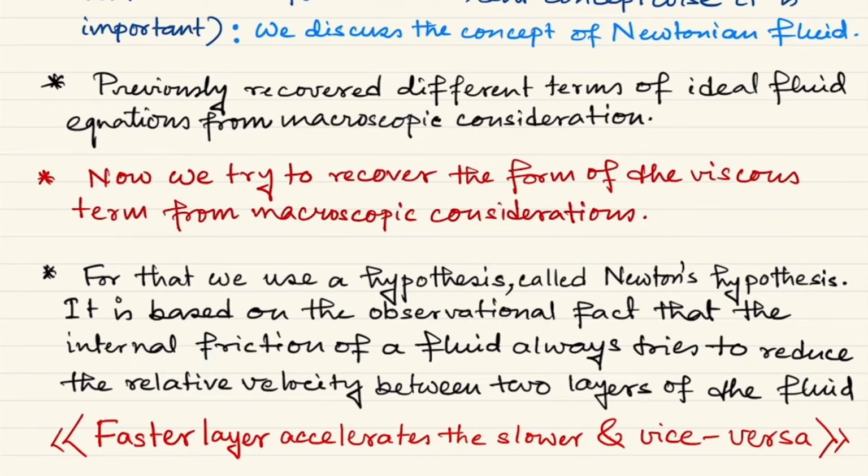Okay, thereby in both cases, as you can easily understand, there will be a decrease in the relative velocity, and finally they make a compromise between the two, becoming an intermediate velocity, for example. Okay, and sometimes the global flow even comes to a rest. That is also possible; that depends from case to case.